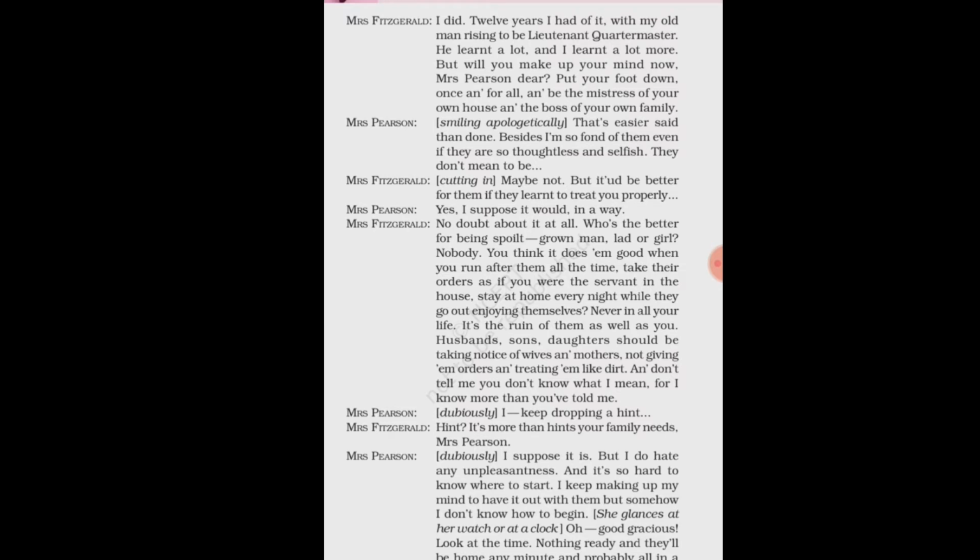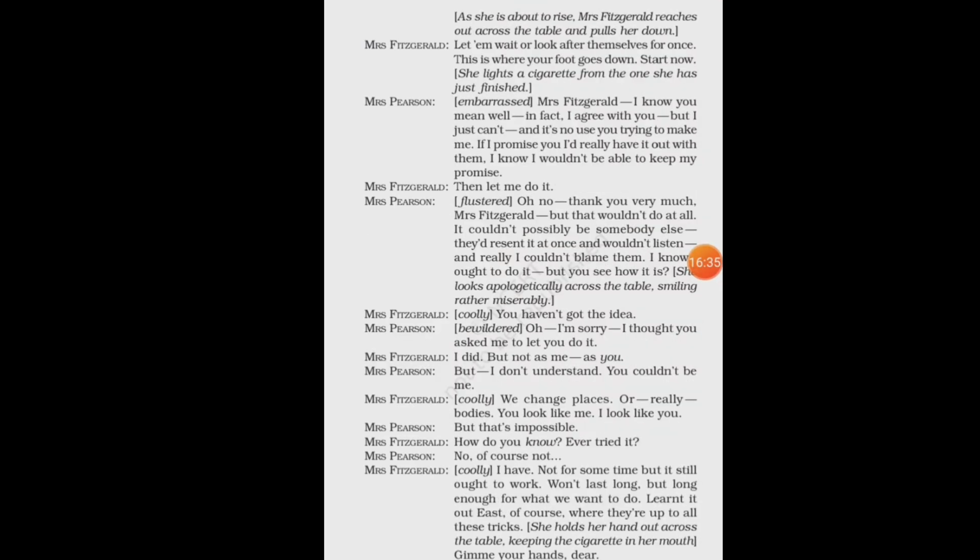As she's about to rise, Mrs. Fitzgerald reaches out across the table and pulls her down. Mrs. Fitzgerald: Let them wait or look after themselves for once.